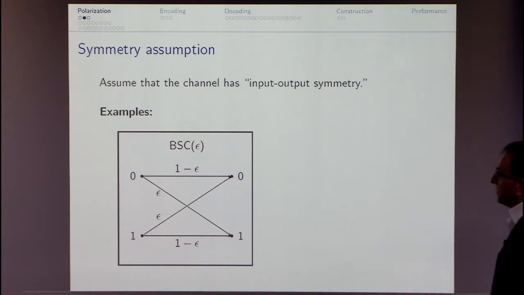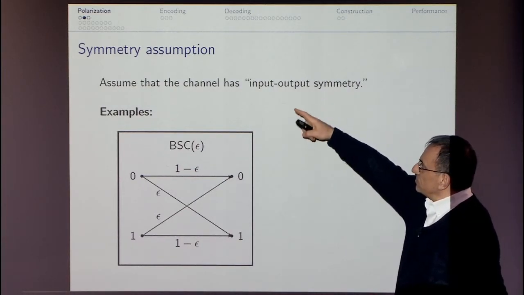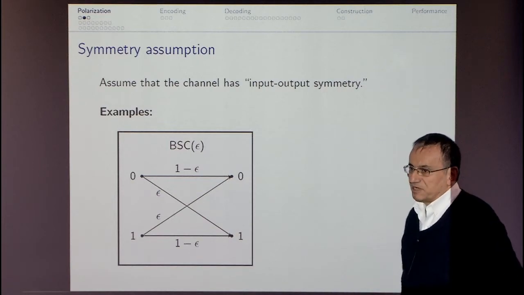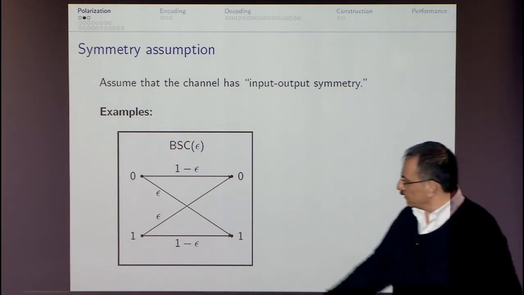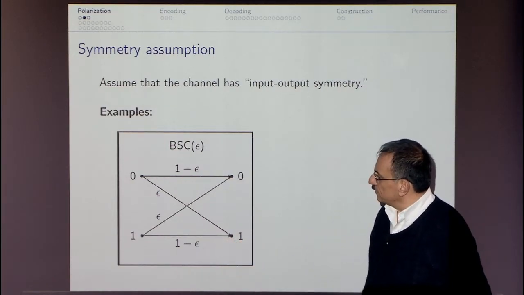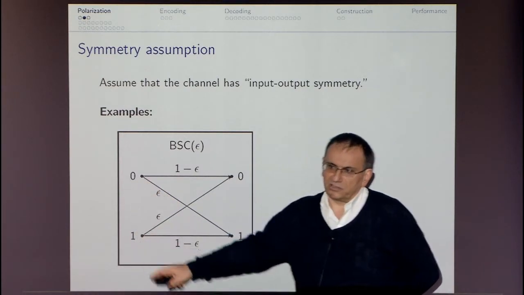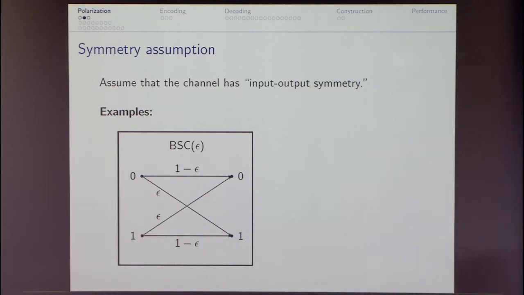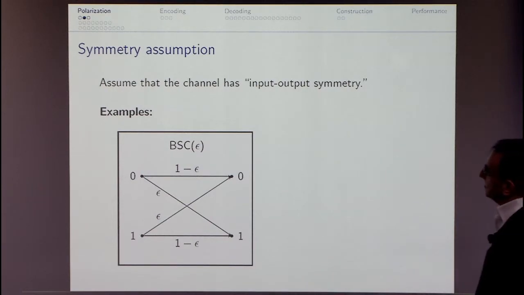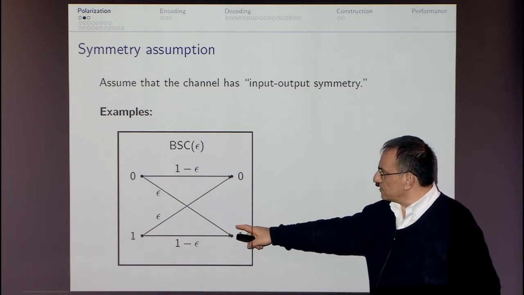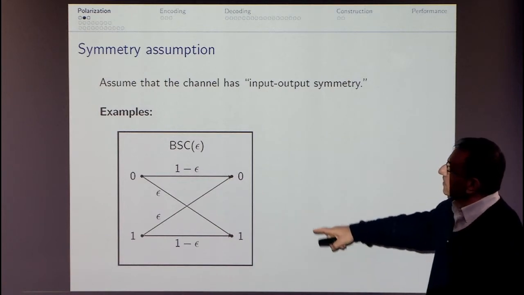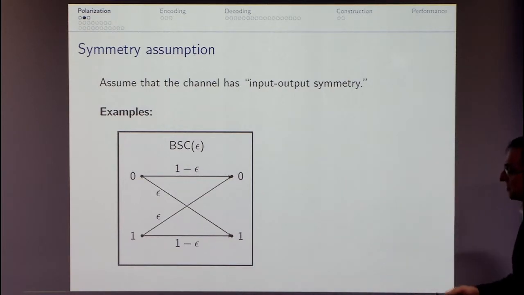So that's why I want to assume that the channel has some symmetries so that the capacity achieving distribution is the uniform distribution on the input alphabet. This way, I'm not going to have to say the symmetric capacity or the achievable rate with uniform inputs, etc. So when I say channel capacity, it will be the channel capacity due to the symmetry assumption.